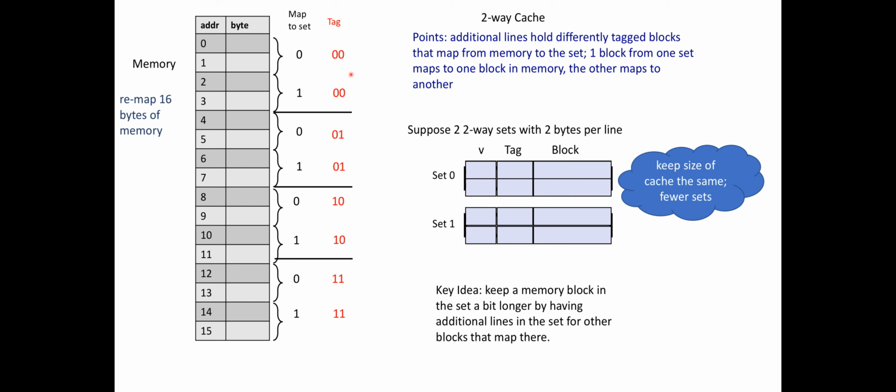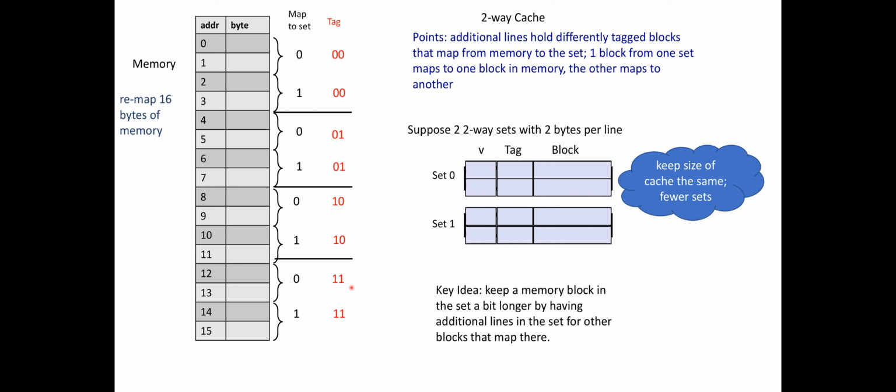And so then we'd have more tags here. And of course, the addresses would then change because we need more bits for the tags now. So this is one possibility, is to go ahead and keep your cache size the same.